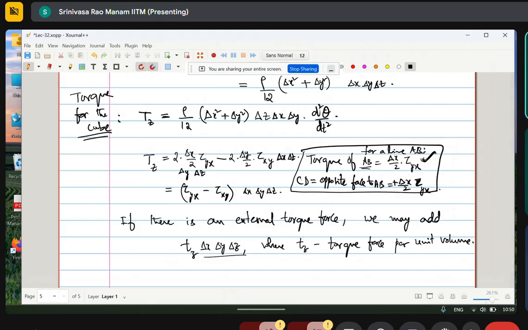You just divide by the volume. That's what it means. So that you may have to add here. That is just a remark.